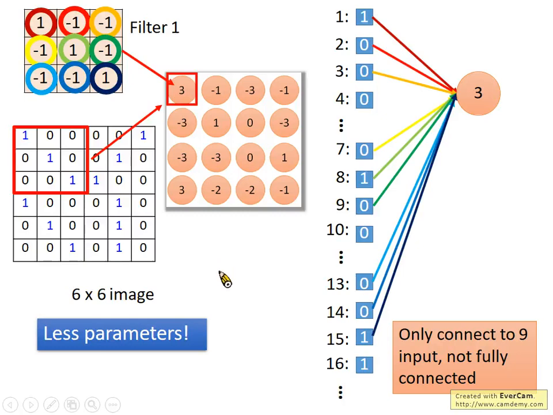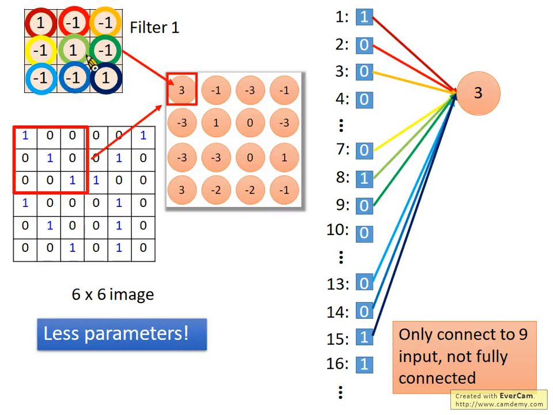So why can the convolutional neural network largely reduce the number of parameters we need to estimate? Let's go back to the example we introduced. Given this 6x6 image, if we apply the first filter, a 3x3 kernel, we just do the linear combination of the pixel values of the upper left corner.